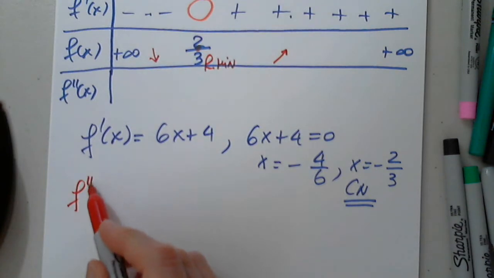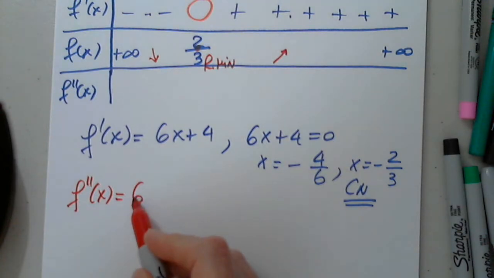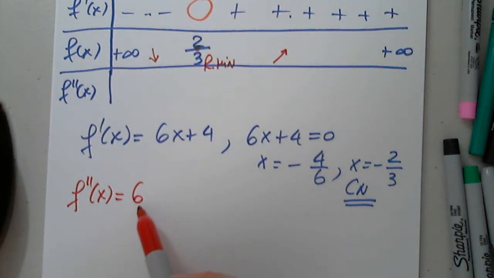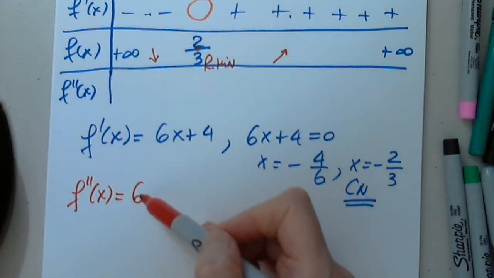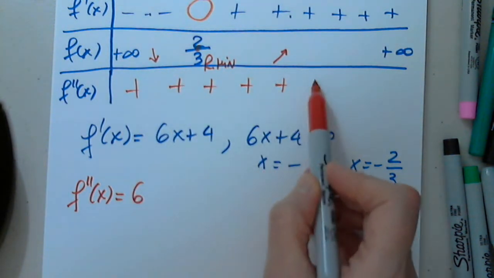Okay, at this point, we have to deal with the second derivative. Can anyone give us the second derivative? 6. Excellent. Is this ever 0? No, it's a silly question. What is the sign of 6? Nothing is undefined if it's a positive constant. It cannot be undefined if it's a constant.